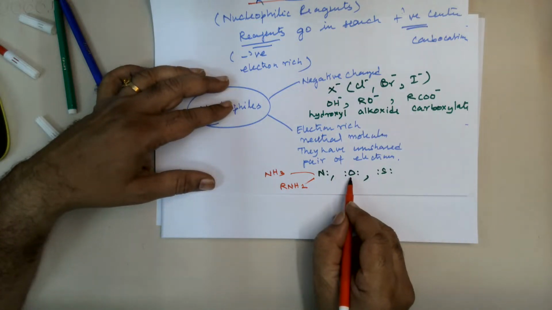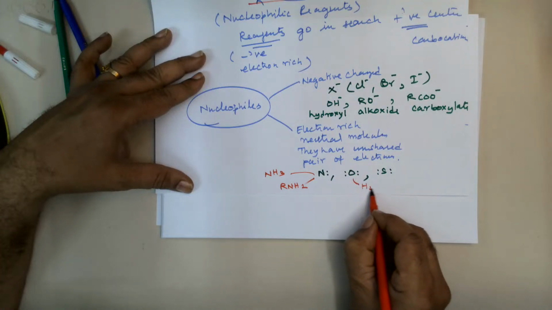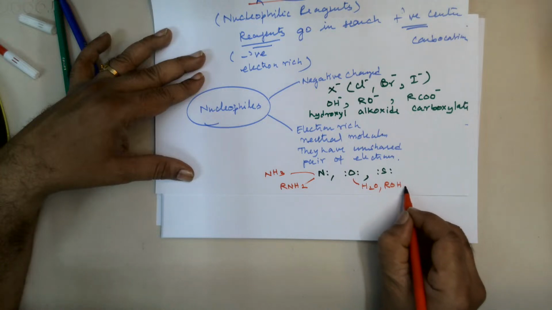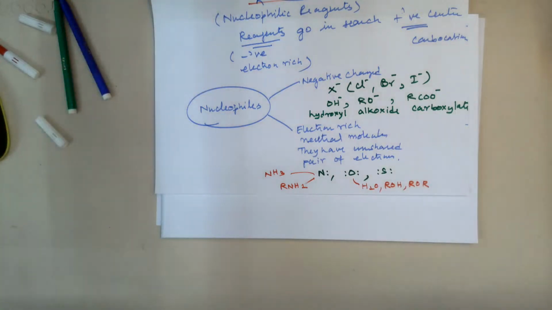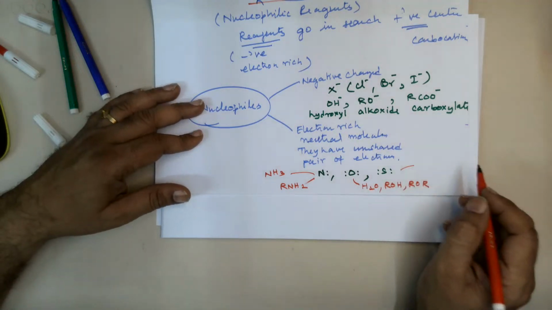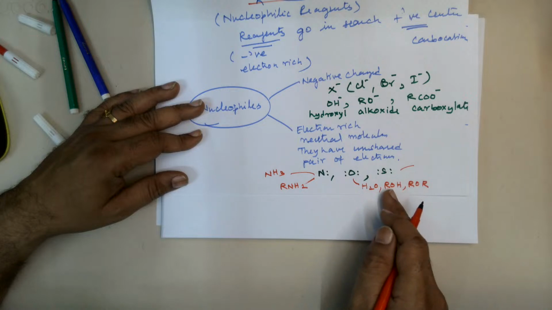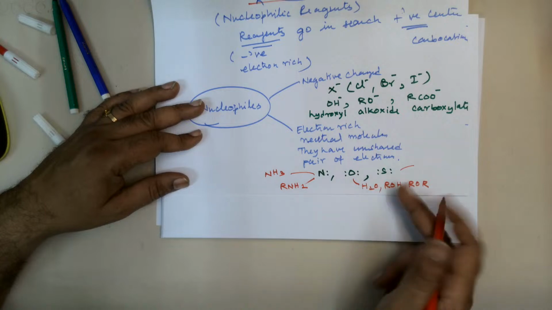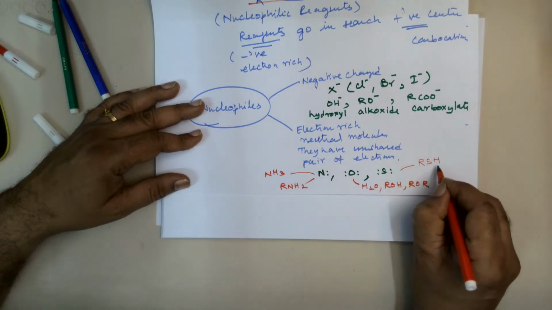And oxygen is present in water, then alcohol ROH and ether ROR, and sulfur may be present in thiol. If you put ROH, it is called alcohol. When you replace oxygen by sulfur, it is called thioalcohol, simply called thiol. So R, instead of O you can put S, then H. What do you call this compound? Thiol.